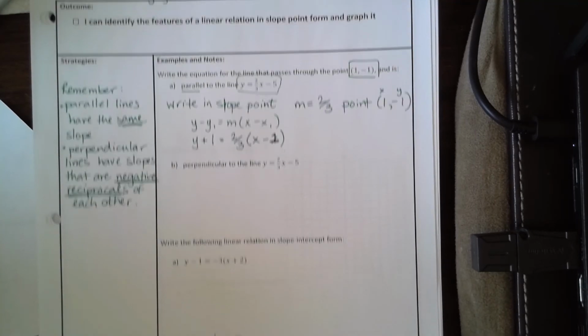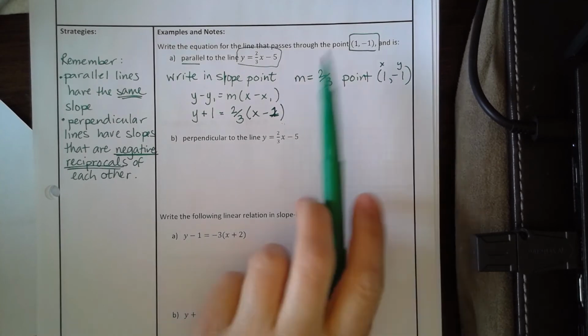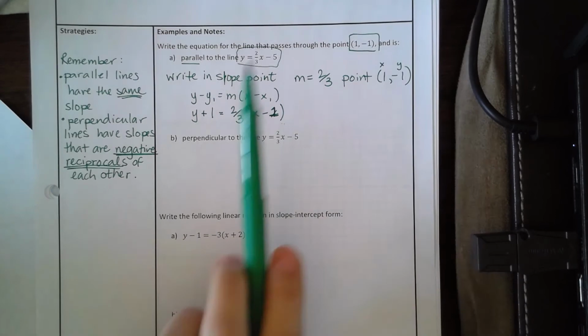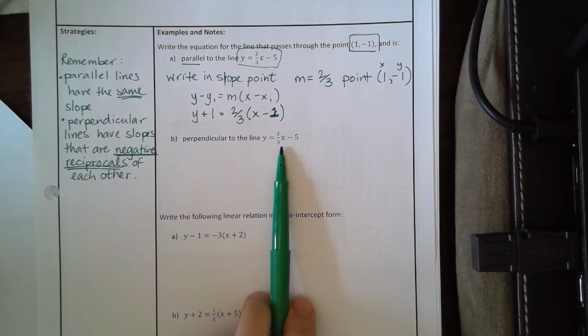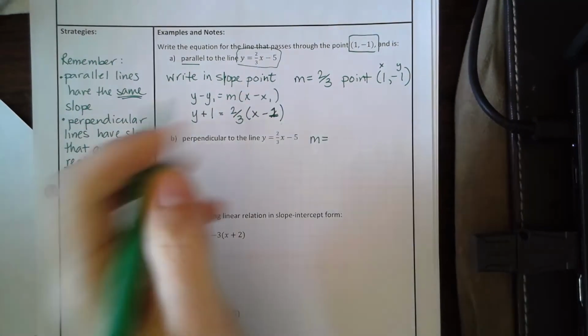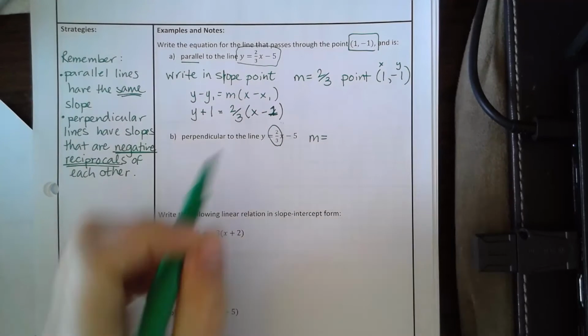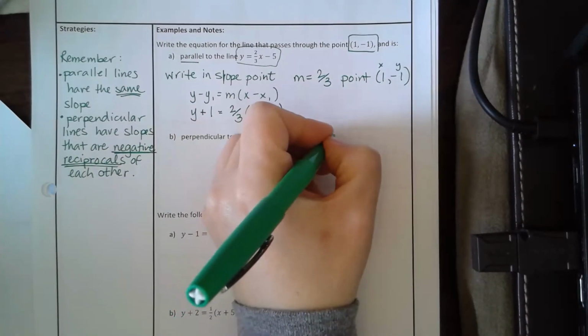What if we want to do something similar, except we want our line to be perpendicular? It's still going to pass through this point, but we want it to be perpendicular to this line here. So again, our slope isn't going to be 2/3. It's going to be the negative reciprocal of 2/3. So we're going to flip that 2/3 and we're going to change the sign.